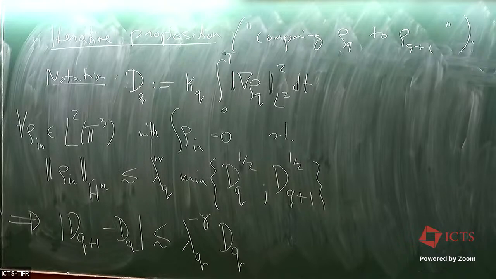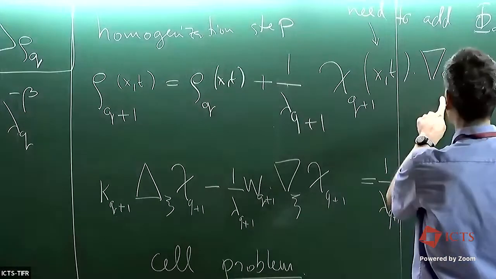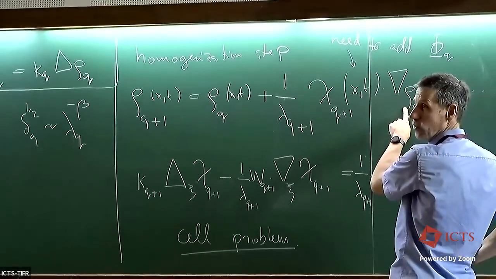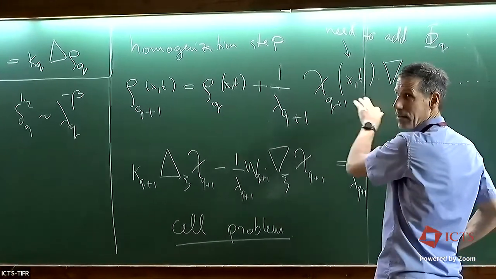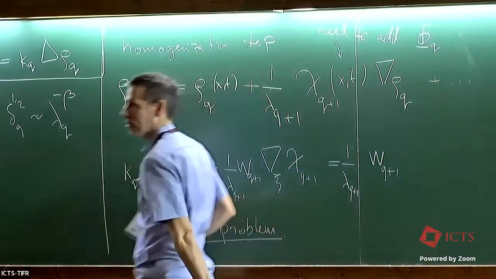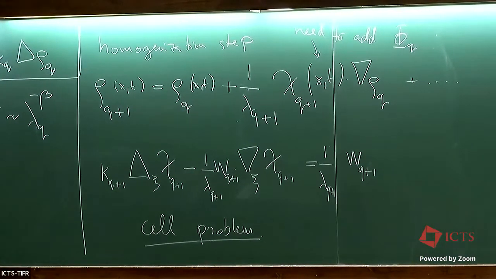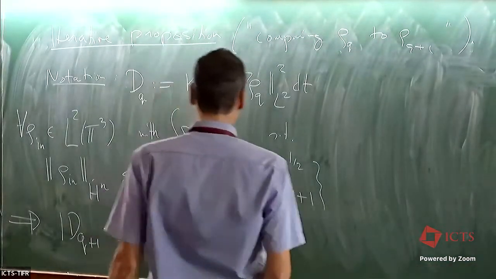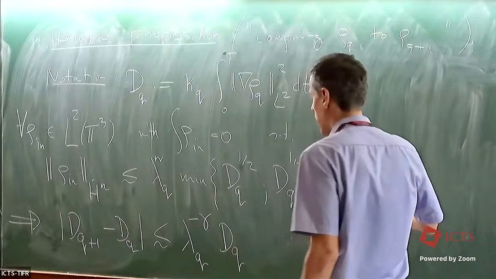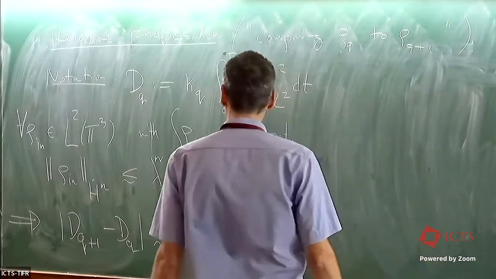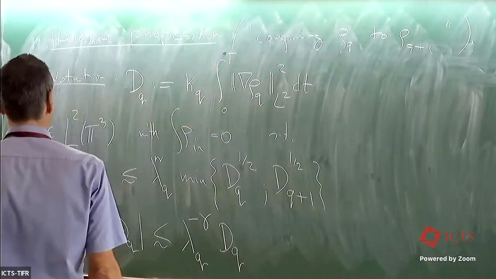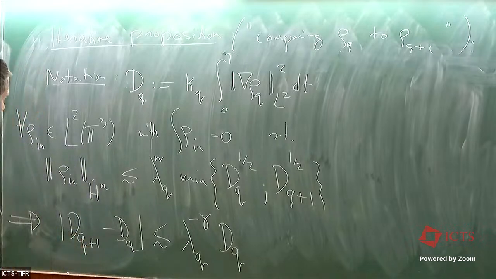In order to control the L2 norm of rho q plus 1, I need to know the H1 norm of rho q. So if I want to do this many, many times, I need to control lots of derivatives. We don't need it for all n.